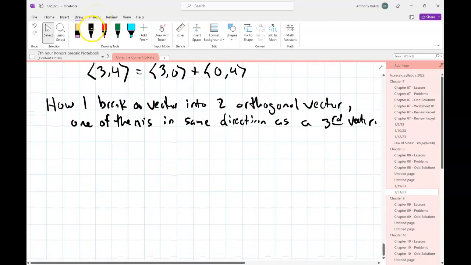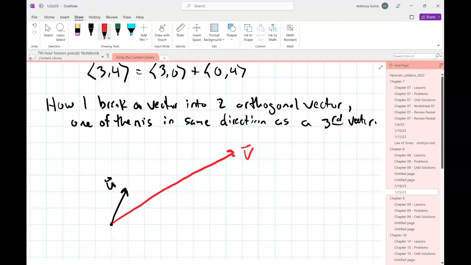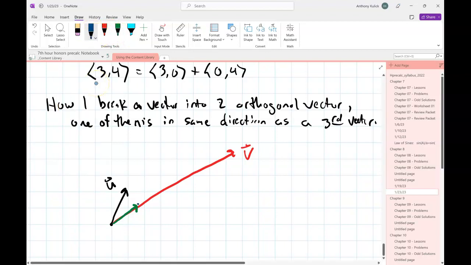So let's draw a little picture to illustrate what's going on here. Here's my vector u. There's some vector v. And what I want to do is create two vectors here that look like this.